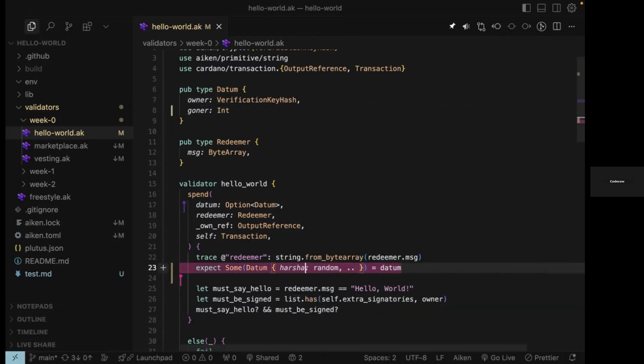Okay, Harsha is of the type owner. That's what I think it is, but I could be wrong. Let me look at my other code base because I did this before. This seems like an alias. Yes, exactly, it's an alias.